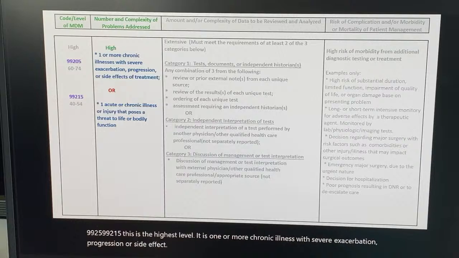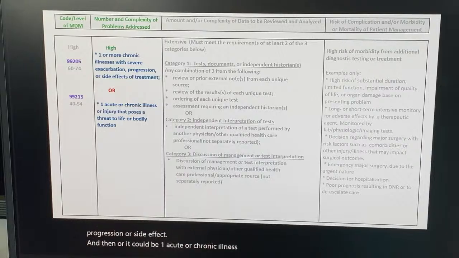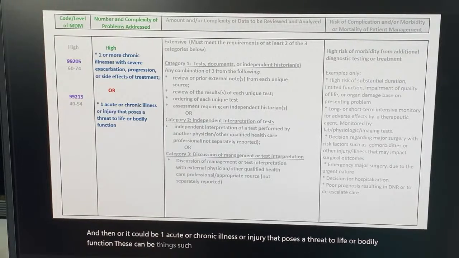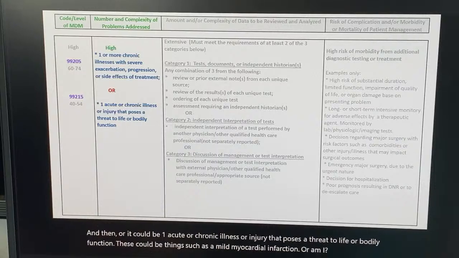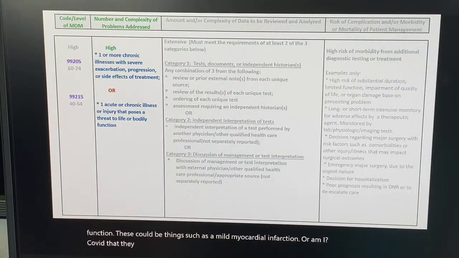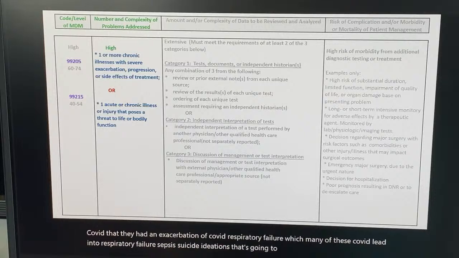Or it can be one acute or chronic illness or injury that poses a threat to life or bodily function. These could be things such as a myocardial infarction or MI, COVID, an exacerbation of COVID, respiratory failure, which many of these COVID cases lead into, sepsis, suicide ideation. That's going to affect their mental status.